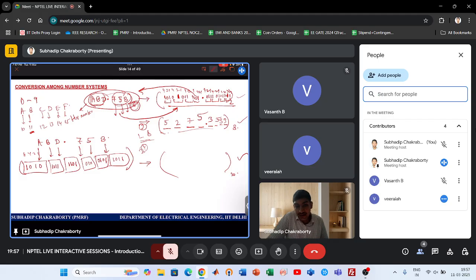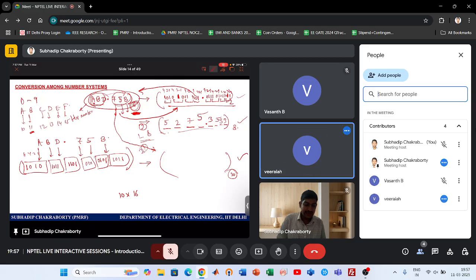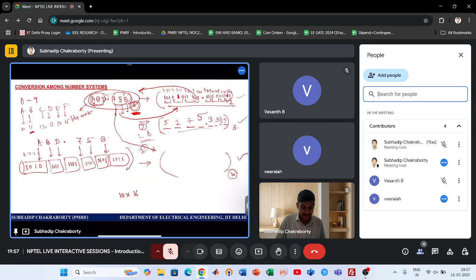But you have to do the hard work if you have to go back to decimal. So what do you need to do now? Because you need to do calculations, right? There are a lot of calculations because now you are in base 10. So A means 10 into 16 to the power, because you were in base 16 with a placeholder of 3.